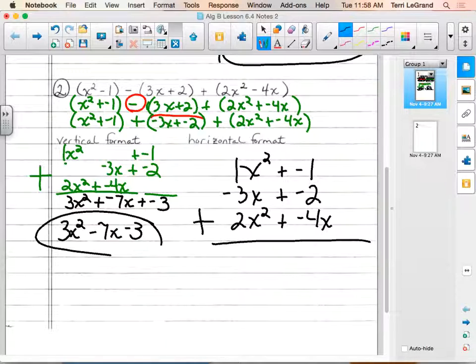Are the like terms lined up nicely for us there vertically? No. So it makes it harder to add it that way, doesn't it? So that's why we do the placeholders. I just can't come up with another way to explain how we know where to put them. If a piece is missing, then you have to put something as a placeholder there.